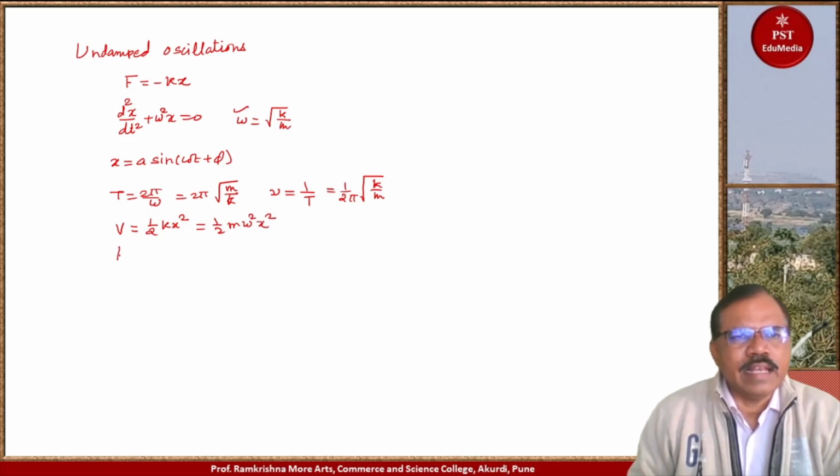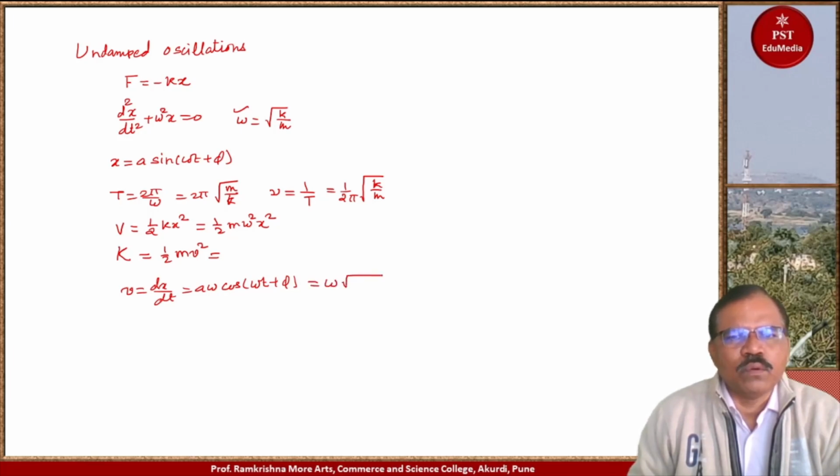Then kinetic energy K will be equal to 1/2 m v square. V is velocity, V is dx by dt. It is either a omega cos(omega t plus phi), or we can write this as omega under root a square minus x square.